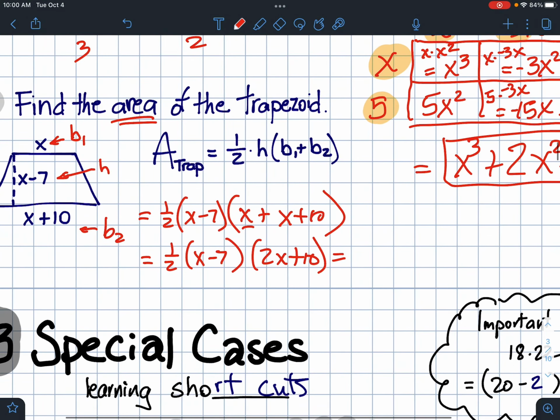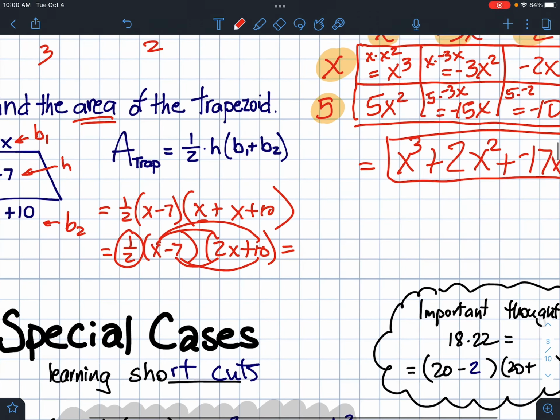And then to finish this problem, we would need to multiply x times each of those pieces, -7 times each of those pieces, and then the resulting figures I'd need to multiply by half. Okay? I'm going to do that real fast because I think I can figure that out here. So I get 2x squared plus 10x plus -14x minus 70.